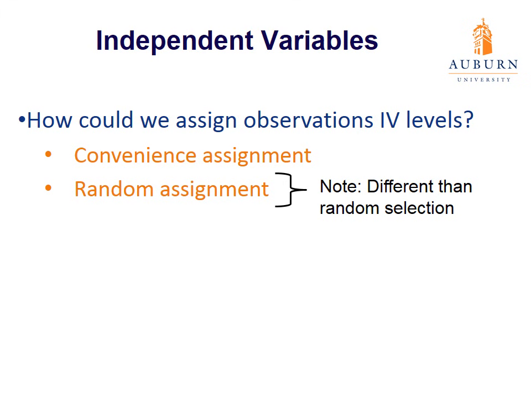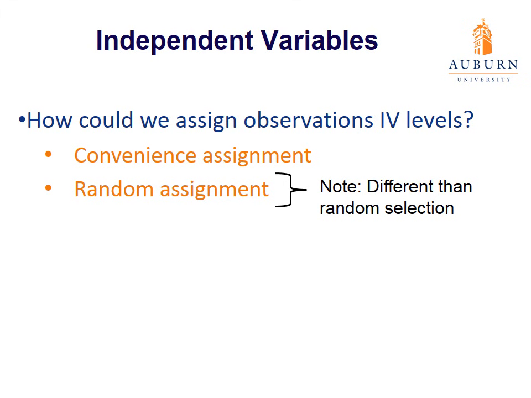Now once I have that sample, I then can assign 2 levels of the independent variable, and that's where we talk about assignment. And I can assign either conveniently or randomly. So if I assign conveniently or randomly, now I'm talking about making sure that my 2 samples or my 2 groups are equivalent on all possible individual differences except for the one that I'm interested in studying.